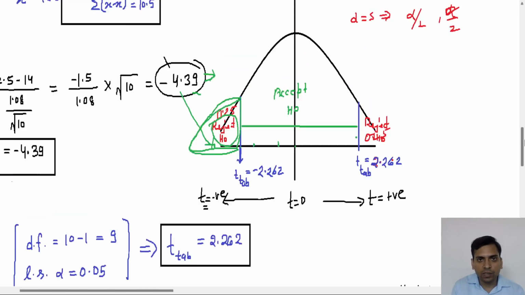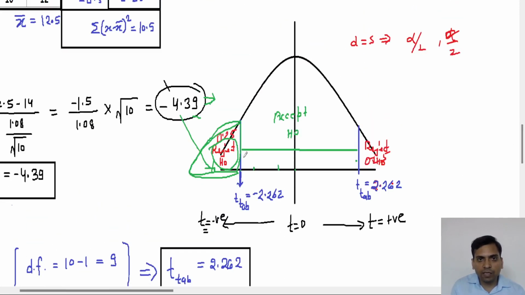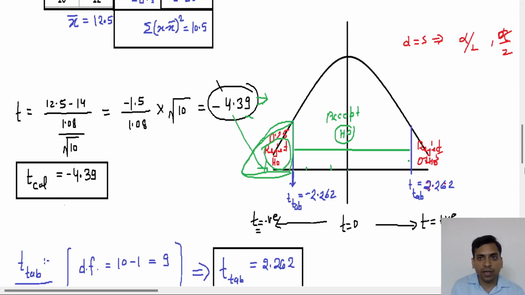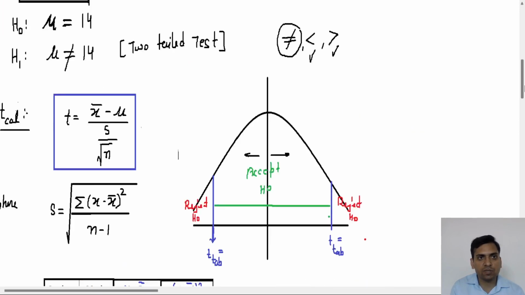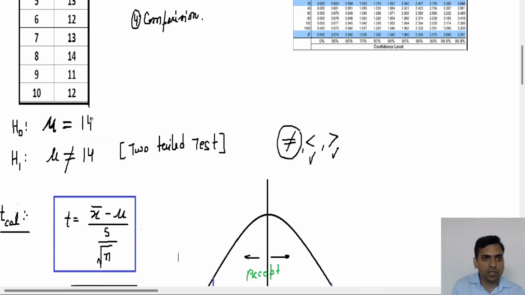This means if the value of t calculated lies in this region, we can say H0 is accepted. But this value lies in this rejected region, that's why we say H0 is rejected. And H0 is what, as per assumption? So H0 is this. So this means this is rejected. As this is rejected, we will consider the alternative accepted.